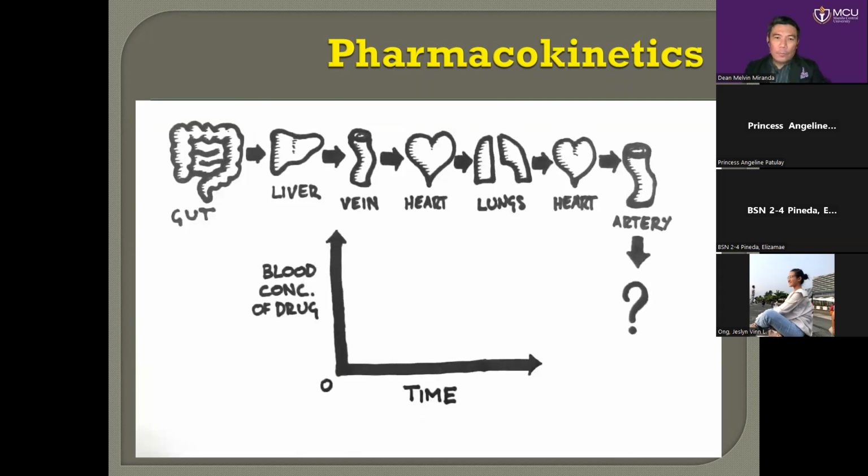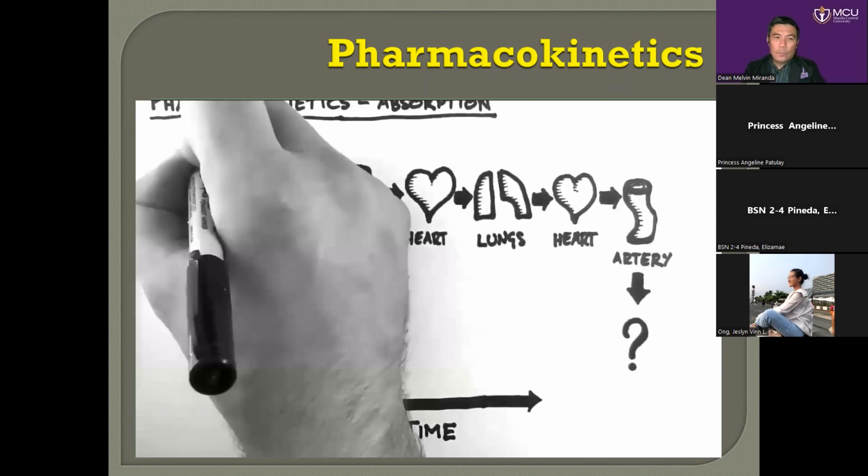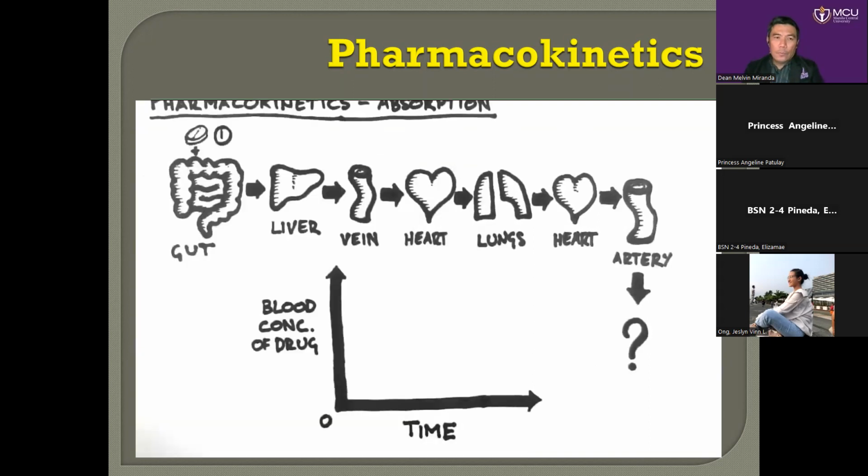We'll begin with the most common route of drug administration, which is orally. These drugs move through the digestive system and get absorbed by the gut. Then they move through this whole system, that is, the liver, the venous circulation, the heart, the lungs, back to the heart, and then to the arterial circulation.